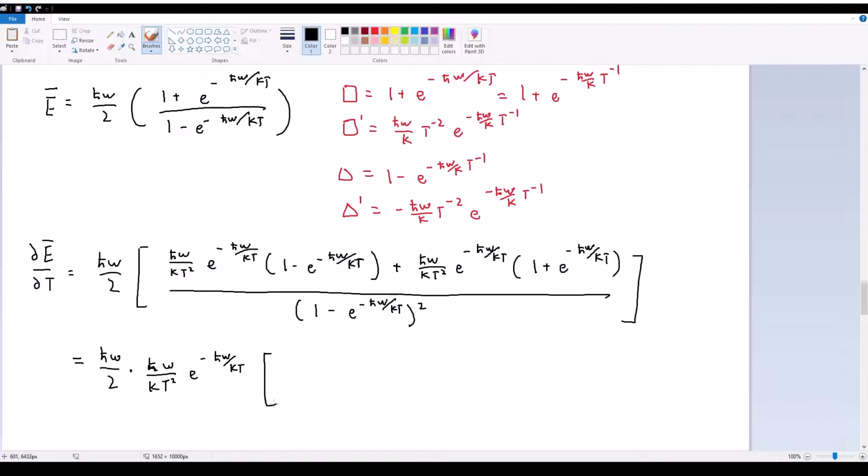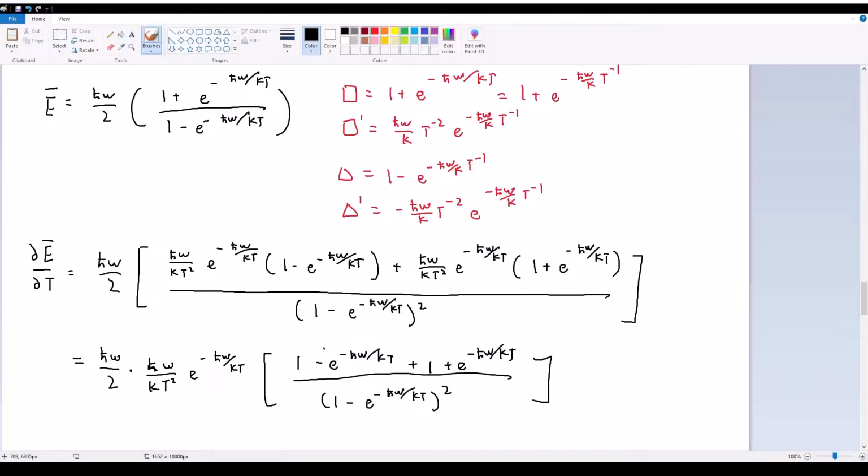And this is then multiplied by 1 minus e to the negative h bar omega over kT plus 1 plus e to the negative h bar omega over kT, divided by 1 minus e to the negative h bar omega over kT squared.